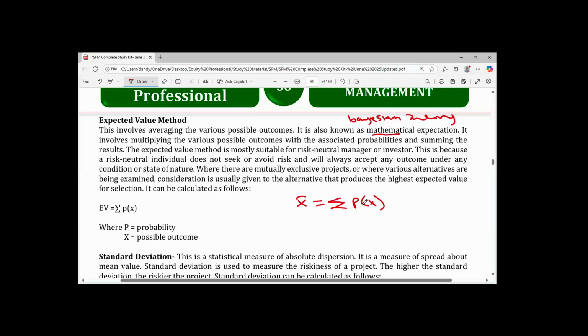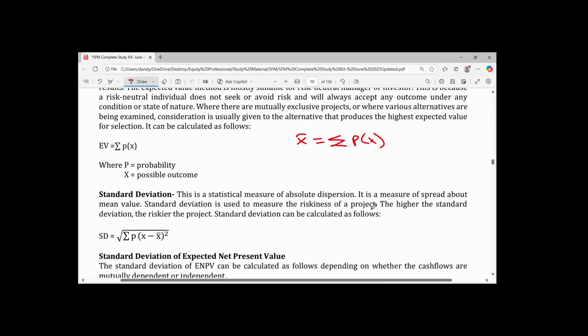All right? Now, one more thing under expected value. The examiner can ask you to calculate expected NPV. You may be asked to calculate expected net present value. The expected net present value is calculated the same way as the normal net present value, except that expected value should be used to calculate the expected NPV.